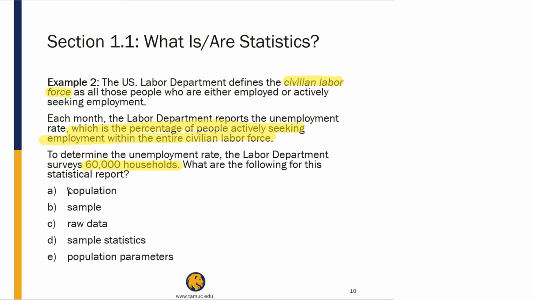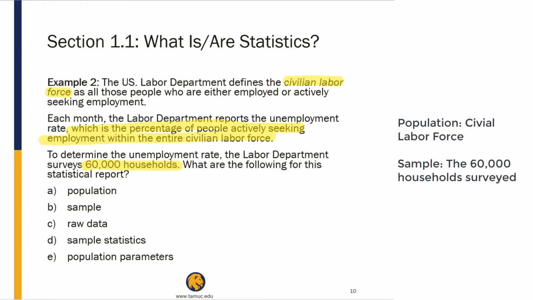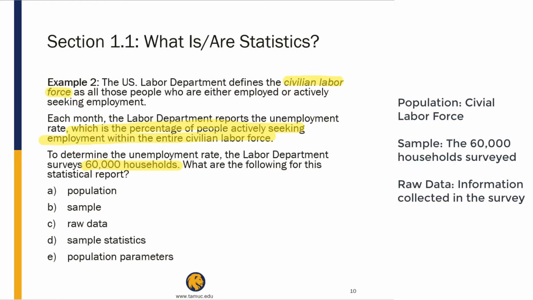So starting out with the population. The population will be the group that the Labor Department wants to learn about, which is all the people who are in the civilian labor force. So the civilian labor force is the population under consideration here. The sample consists of the 60,000 households which are surveyed. The raw data is going to consist of all the information collected in the survey.